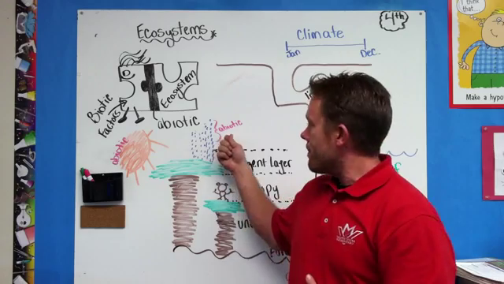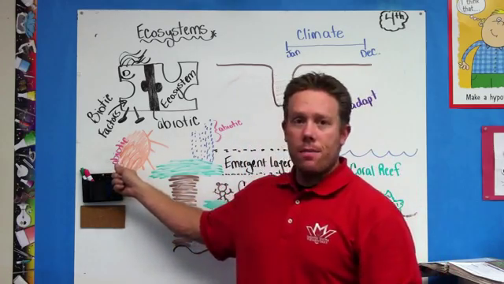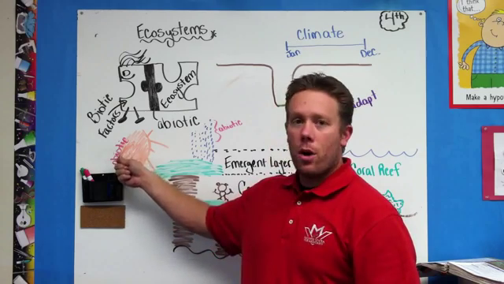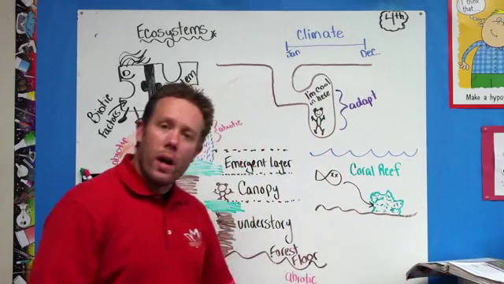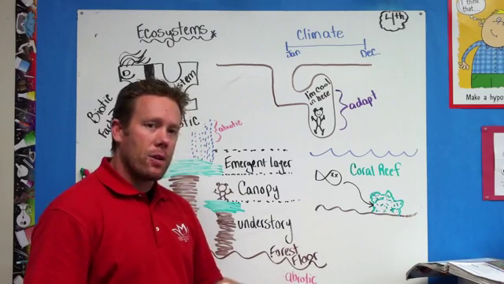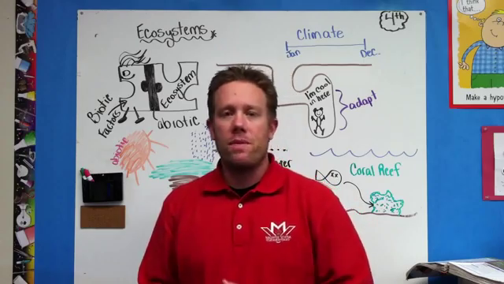Water's not living. You have the solar energy, or the sun. Those are abiotic factors, the temperature. So you have temperature, rainfall, climate, the soil. Okay, those are abiotic factors that are parts of the ecosystem.